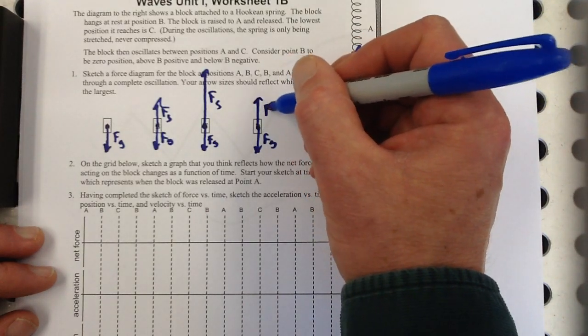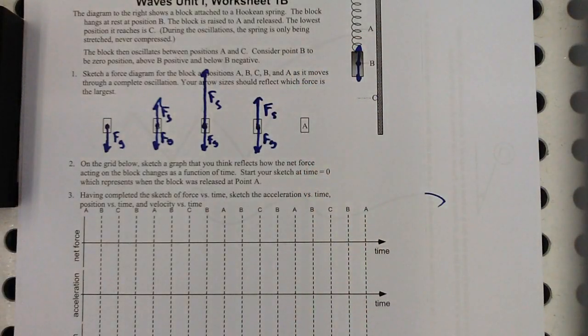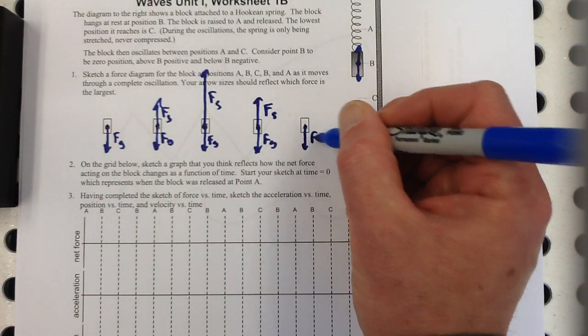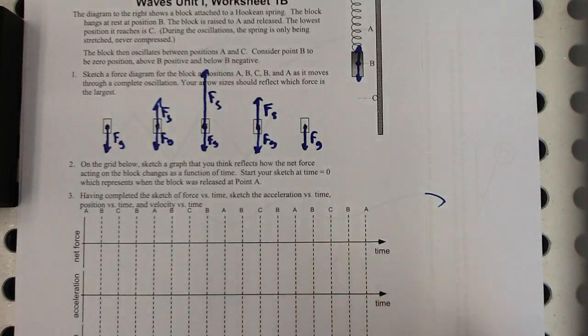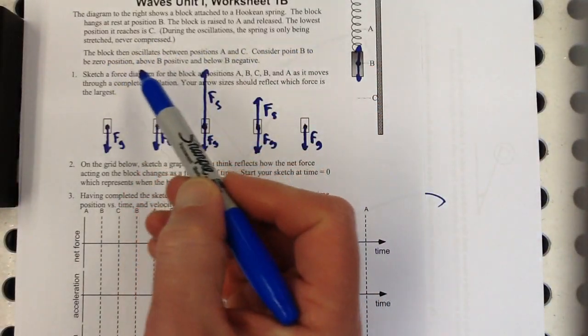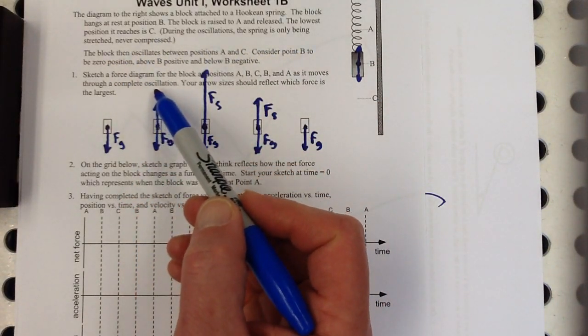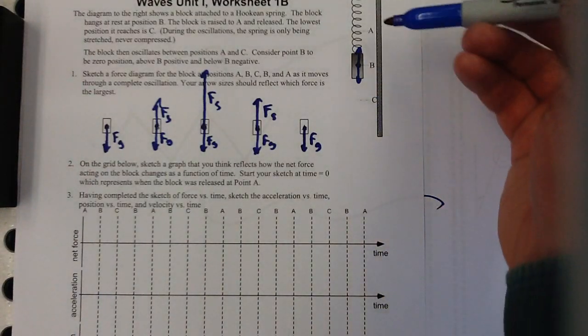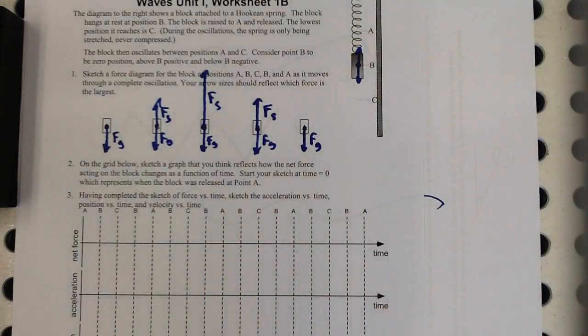It would look like that. They told us here that this is a spring that is only stretched, not compressed. So we never have a spring force pushing down, just pulling up.